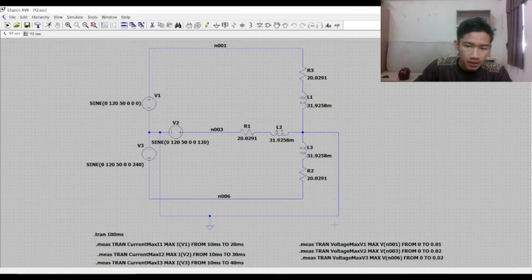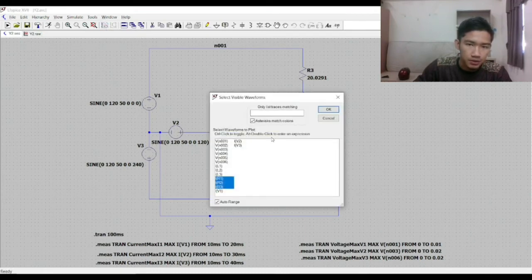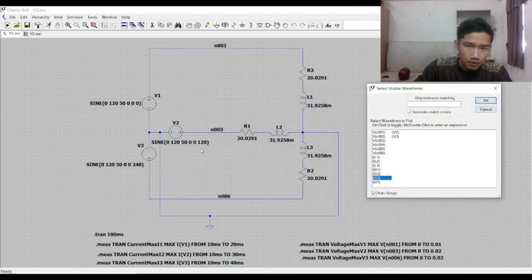Okay, before that, we also use the command right here below here for this circuit. Okay, next I will continue with the max voltage simulation, which is N001, N003 and N006 that I have noted here.